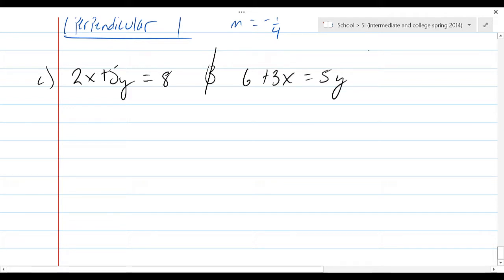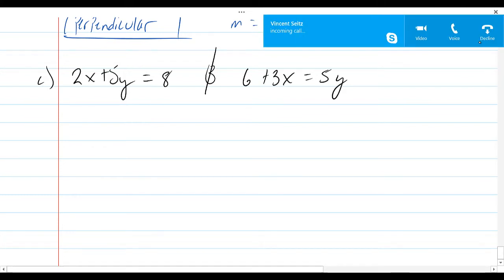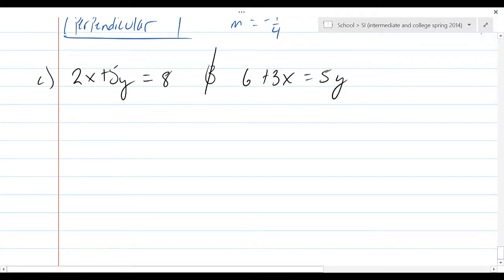Okay, to determine if they're parallel, perpendicular, or neither, we are going to first identify the slope, the same thing we did before. So we are going to have to get it into slope-intercept form. I think that's only natural. So let's start with the first one.